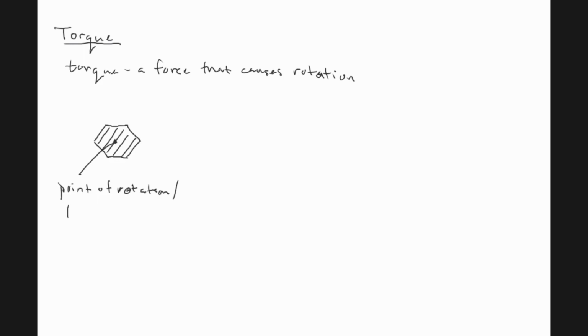commonly referred to as a fulcrum or a pivot point. We're going to use some type of tool to create that rotation, usually a wrench.